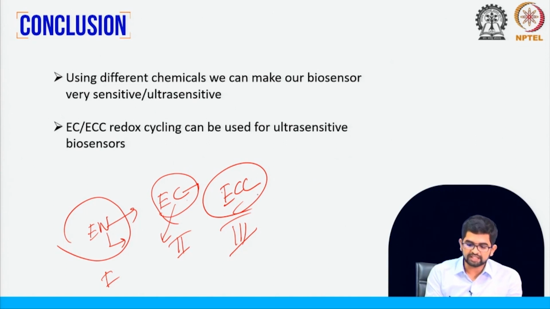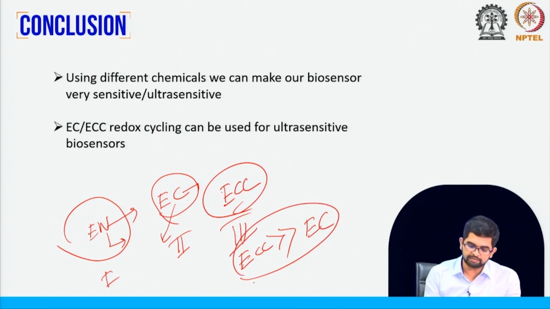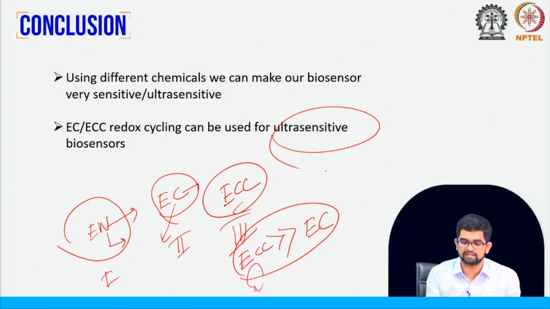From all the application cases, we can summarize that ECC is always much better than EC redox cycling. Why? Because here we are using more cycles, and they can enhance the electron transfer rate on the sensor surface. So, this can be useful, that is why we get very ultrasensitive biosensors by using ECC redox cycling.